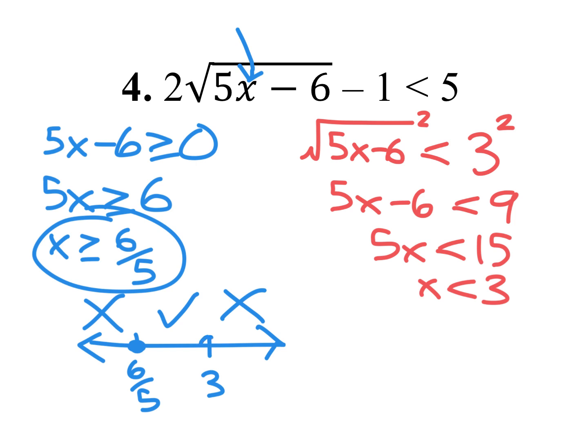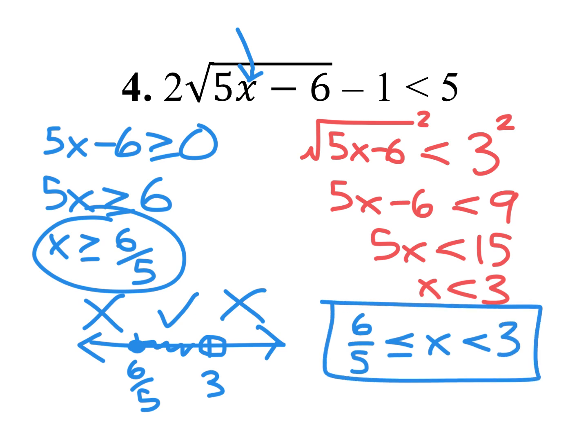The other one just depends on what the original problem had. The original problem had a less than, so the other one is an open circle. So we have another answer where it's a between answer: 6/5 is less than x, which is less than 3.